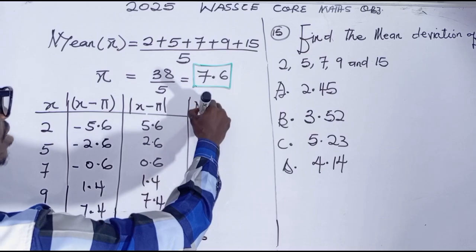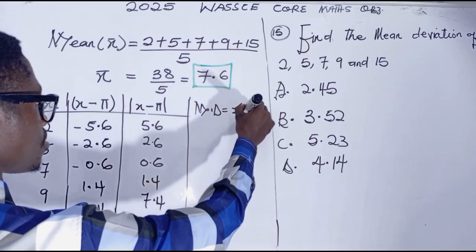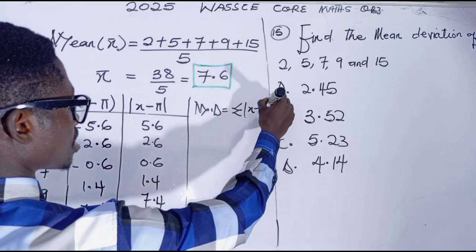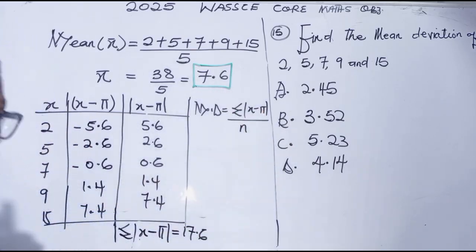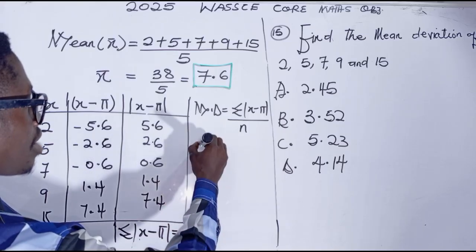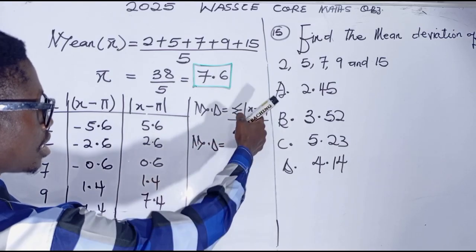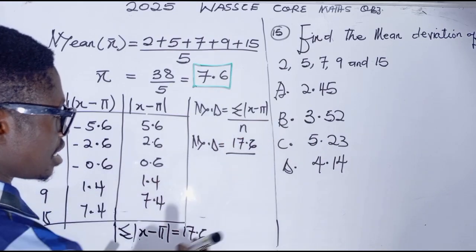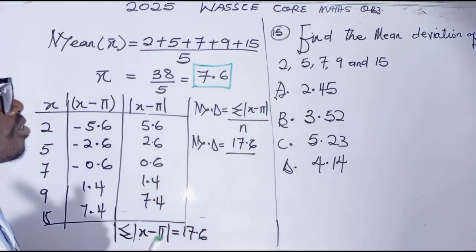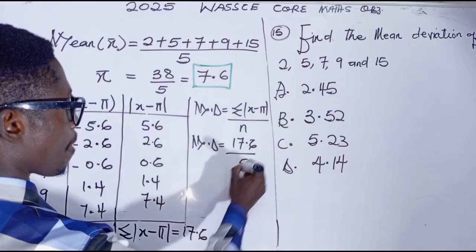So to find the mean deviation, we have the summation of the absolute of x minus the mean, all over the total number of data given. So we have our mean deviation: 17.6 divided by the total number of data given, which is 5.